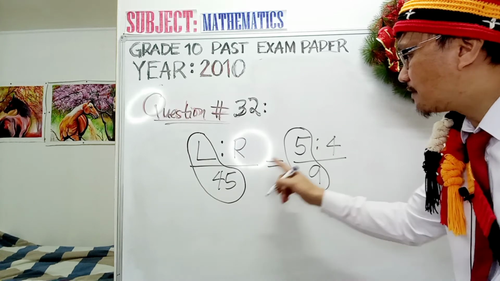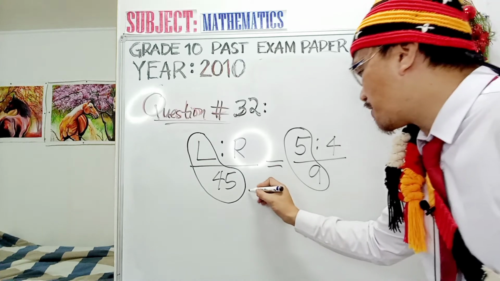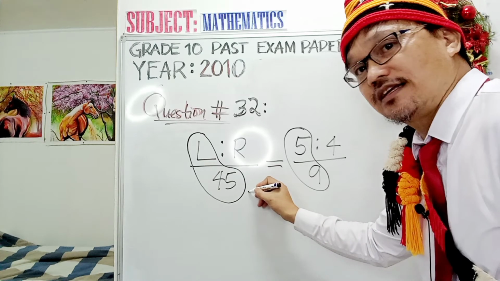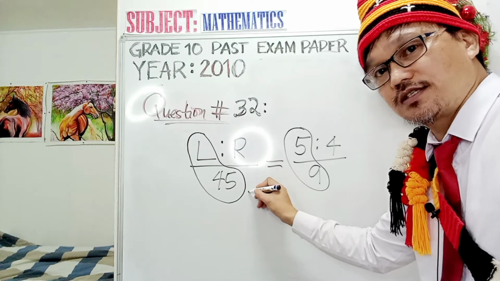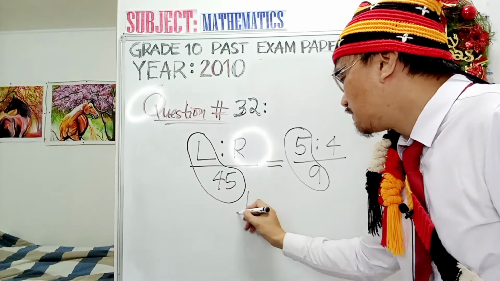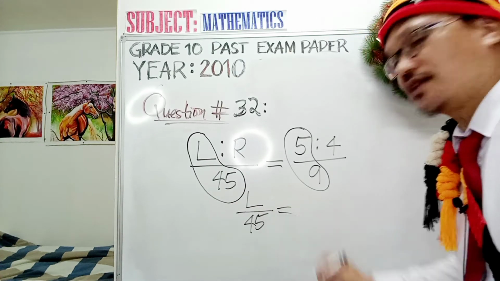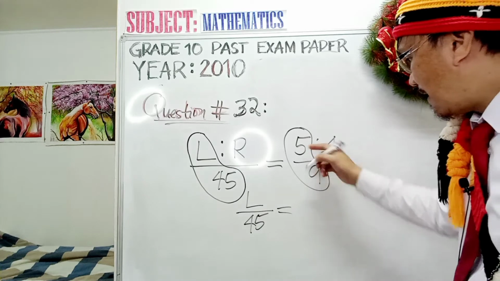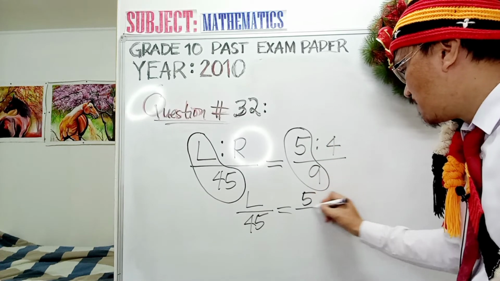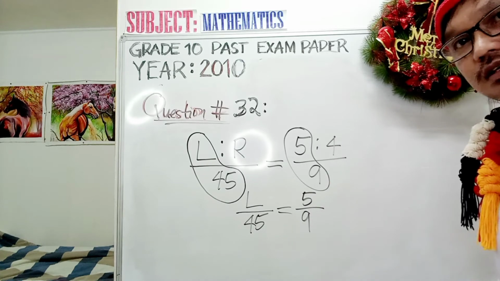Once you have this kind of expression, you can rewrite it by focusing on Lynette only so that you will not be wasting time. L is the numerator, all over 45 denominator. 5 is the numerator, the ratio, 9 denominator.